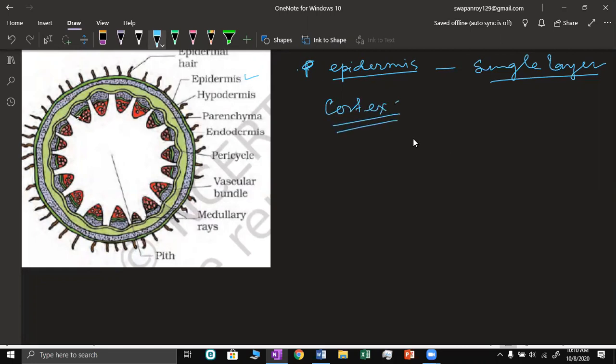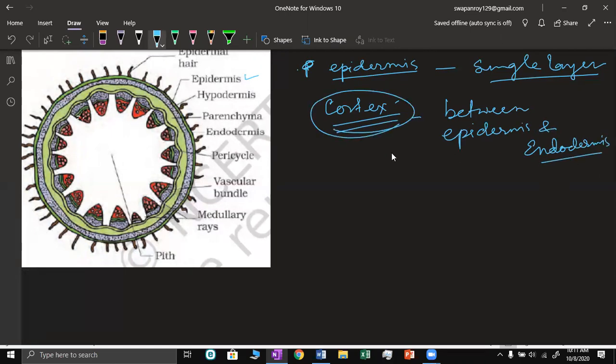The cortex is the tissue which lies between the epidermis and the endodermis.